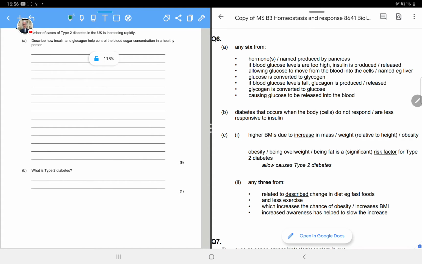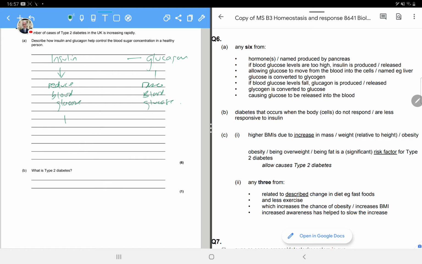So the key here is to mention the fact that we have insulin and glucagon. Insulin is going to reduce blood glucose, and glucagon is going to raise blood glucose.